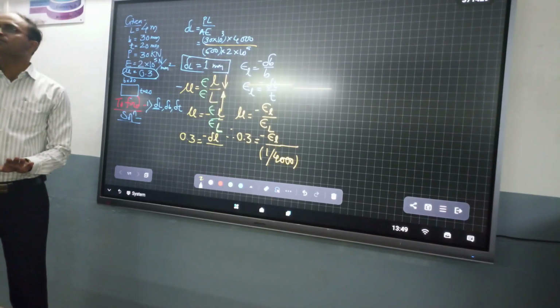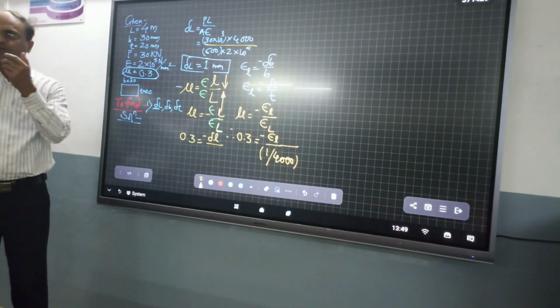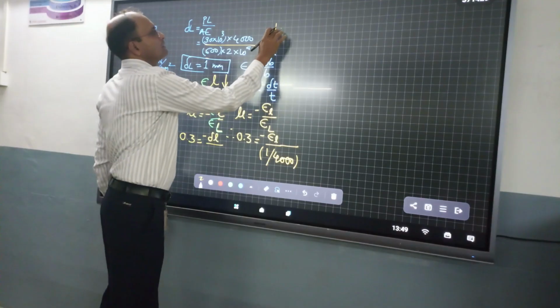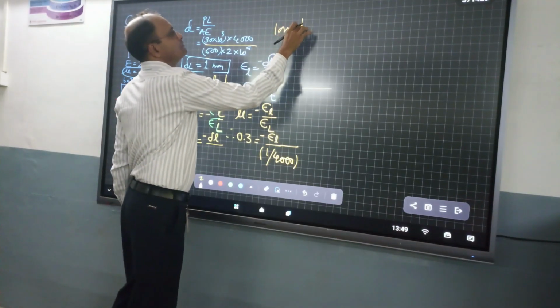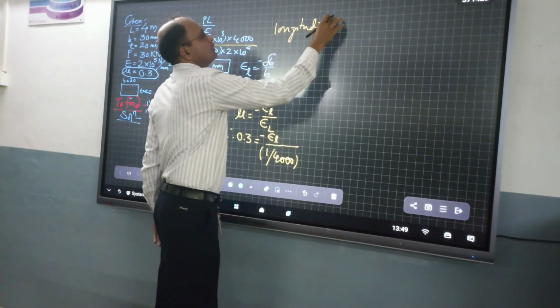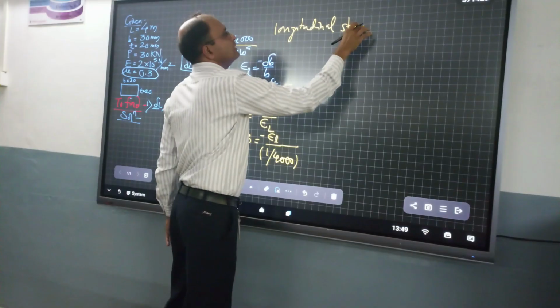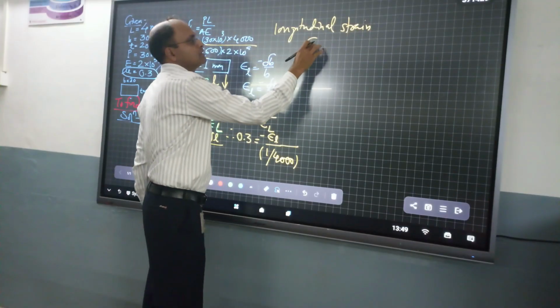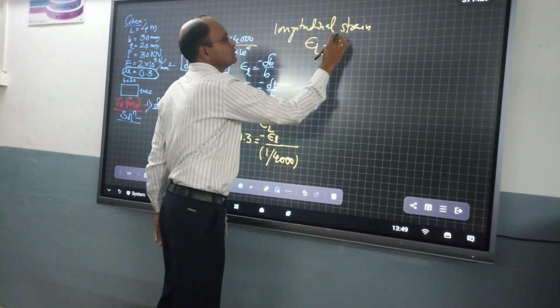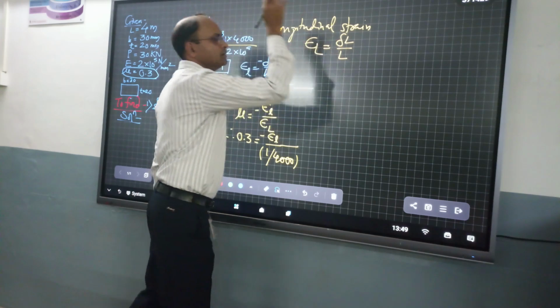Have you understood epsilon capital L or not? I will calculate it separately. I will write here longitudinal strain. Longitudinal strain epsilon capital L is equal to change in length upon original length.